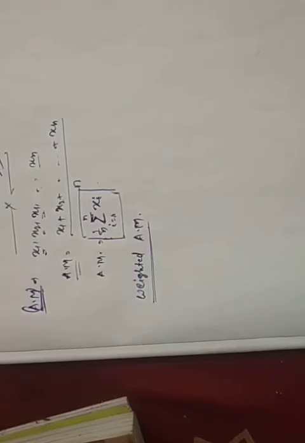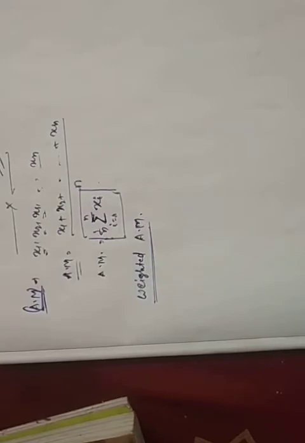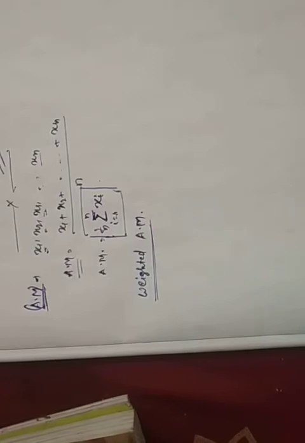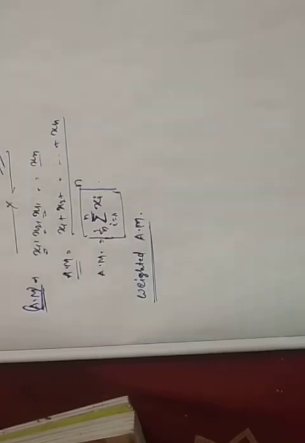For example, x1 happens 2 times, x2 happens 5 times, x3 happens 6 times. So when the frequencies are given, that is the weight. If x1 happens 3 times, then the weight of x1 is 3. So we have to consider the frequencies also.